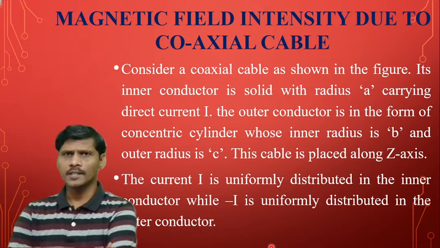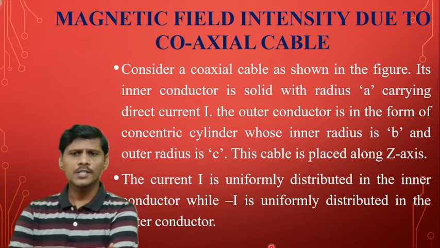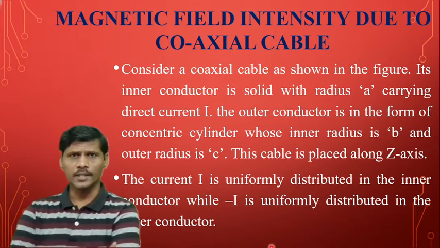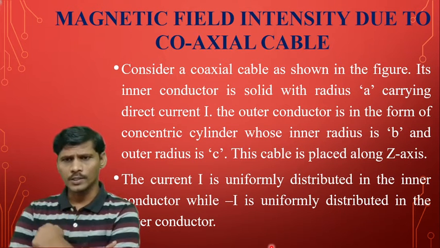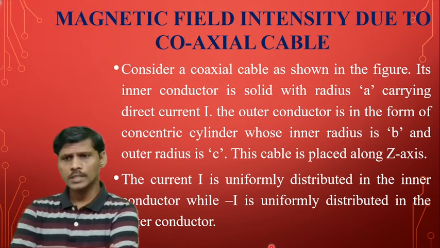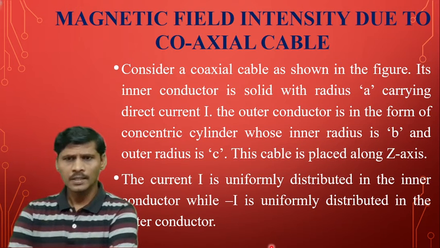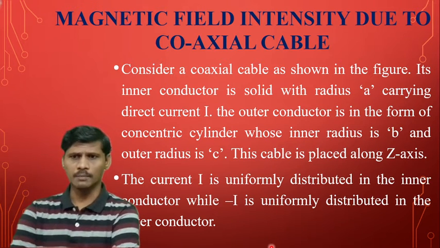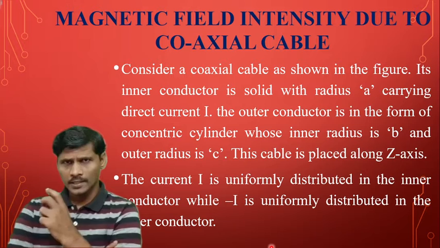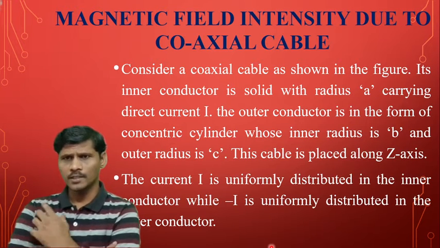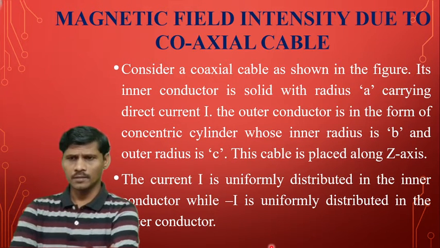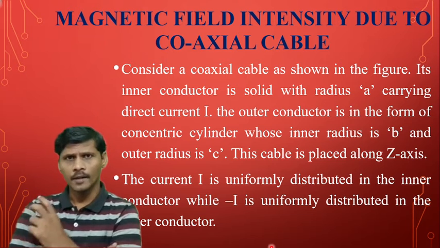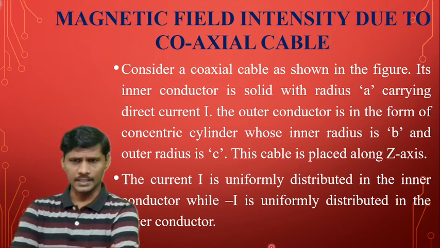The outer conductor is in the form of two concentric cylinders whose inner radius is b meters and the outer radius is c meters. The length of the coaxial cable is L and it is placed on the z-axis.